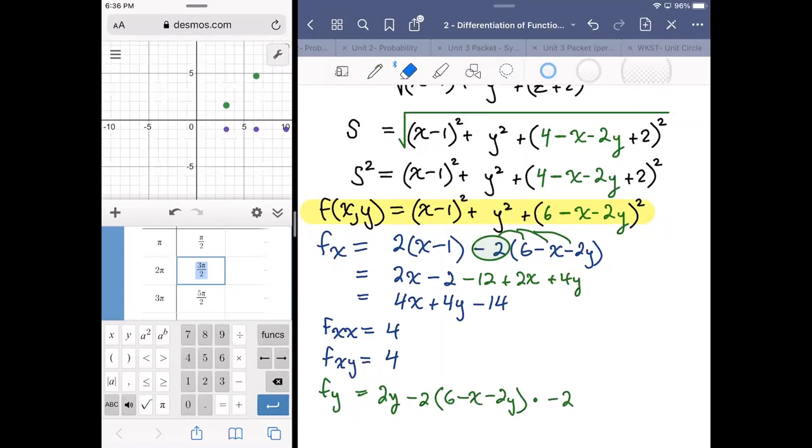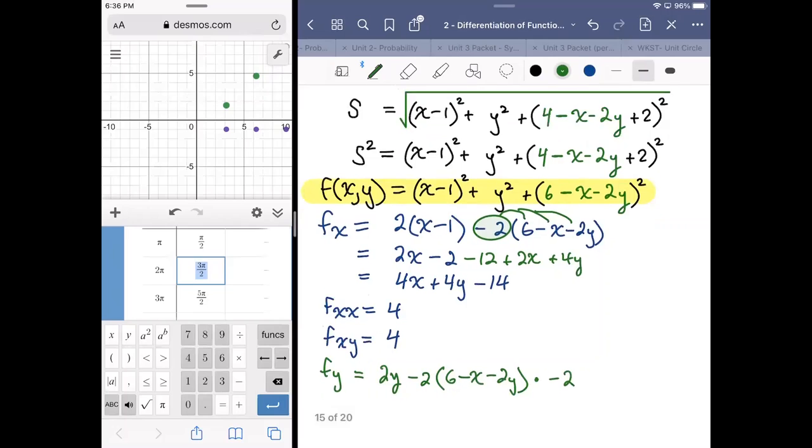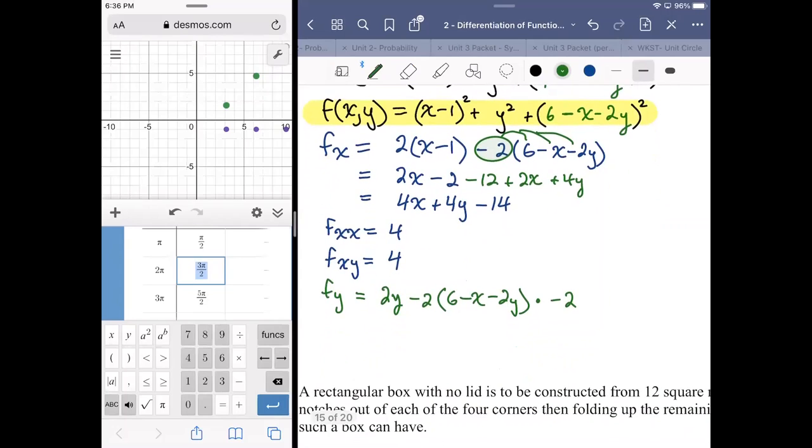This is f sub y. We're not at the part where we can find yy, as much as I want to. Not quite there yet. All right, so I have a negative 2 multiplied by a negative 2, so that's going to give me a positive 4. Distribute.